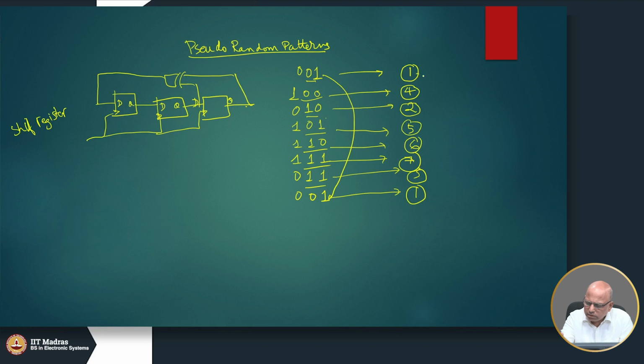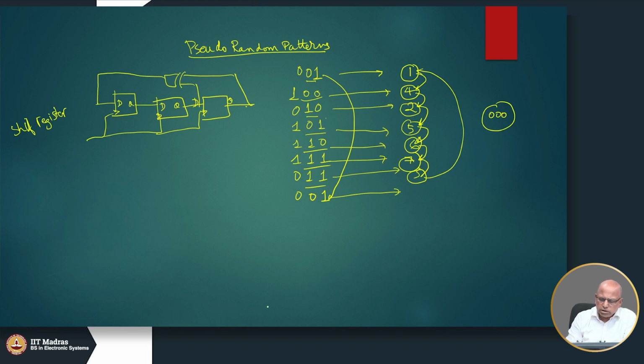So, we are going from state 1 to 4, 4 to 2, 2 to 5, 5 to 6, 6 to 7, 7 to 5 and then back to 1. If you put 0 0 0 in the flops, then unfortunately this circuit will continue to produce zeros. It will remain there.